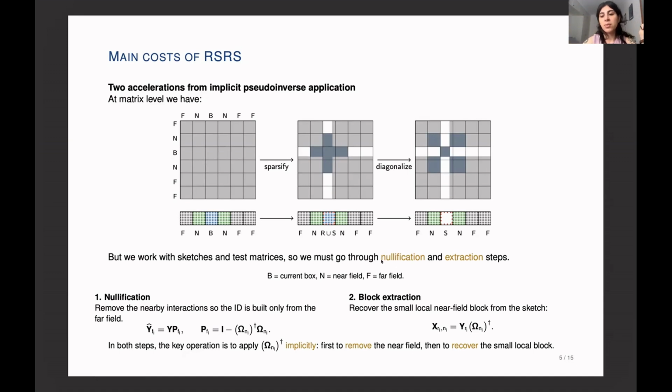And to do this, we have 2 steps called nullification and extraction steps. These imply computing zero inverses of bits of your test matrix, and these bits grow with the number of neighbors that you have for each box. So as you reach the root of your tree, these boxes become larger and the zero inverses also become larger.